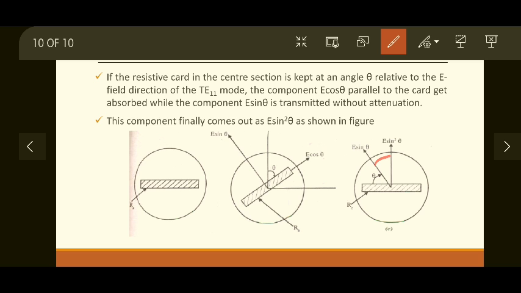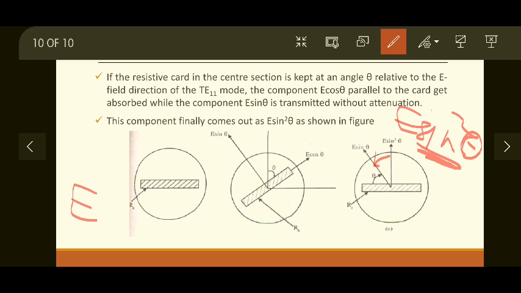We get output as E sin squared theta, which is different from the original input, which was only E. So sin theta means there is a phase change of a certain amount of degrees, and that is why this can act as a phase shifter also, but the arrangement has to be different to achieve the desired phase shift.